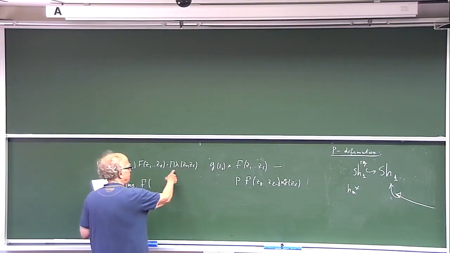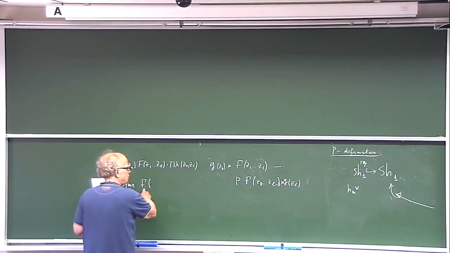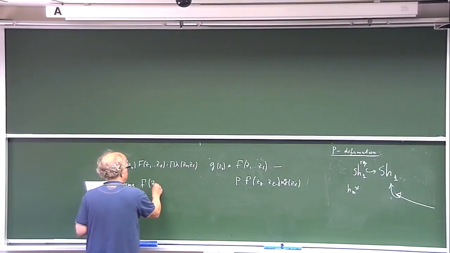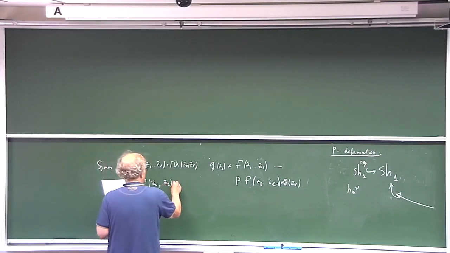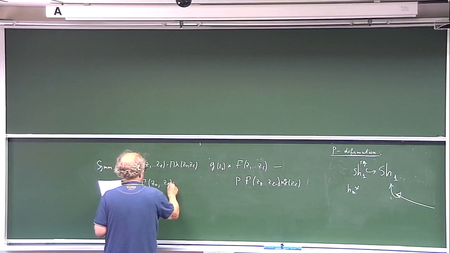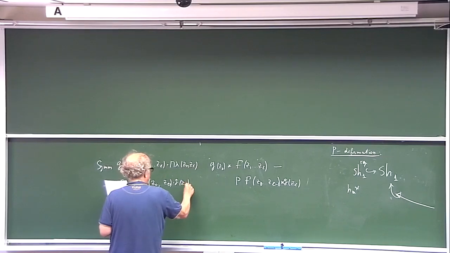Here we have F E0 E8. Here a minus 1. Here G E8.